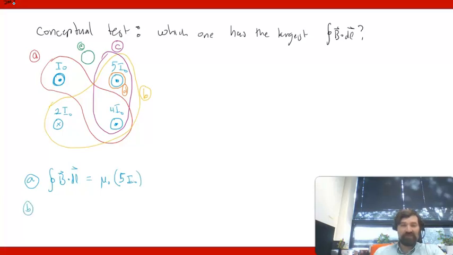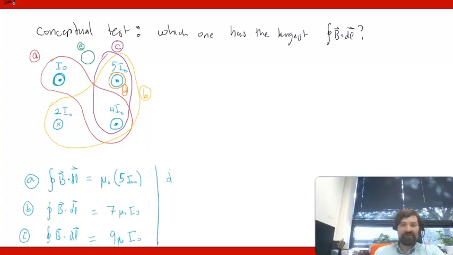Loop B has an integral of 5 plus 4 minus 2, so that's 7. So B dot dl for loop B is equal to 7 mu naught I naught. For loop C, we have 5 plus 4, so that would be a total B dot dl of 9 mu naught I naught.